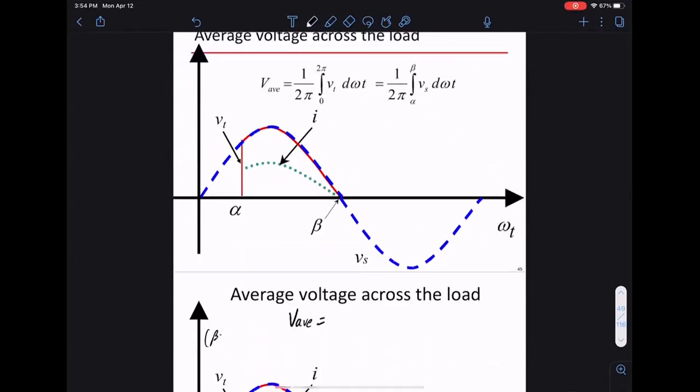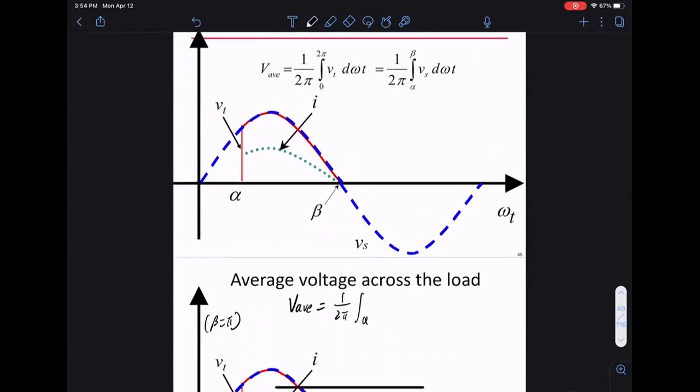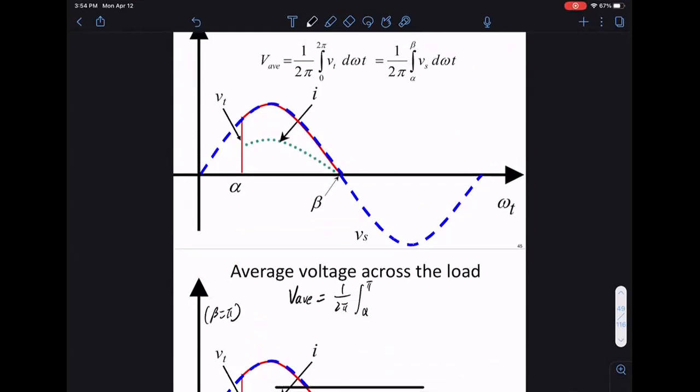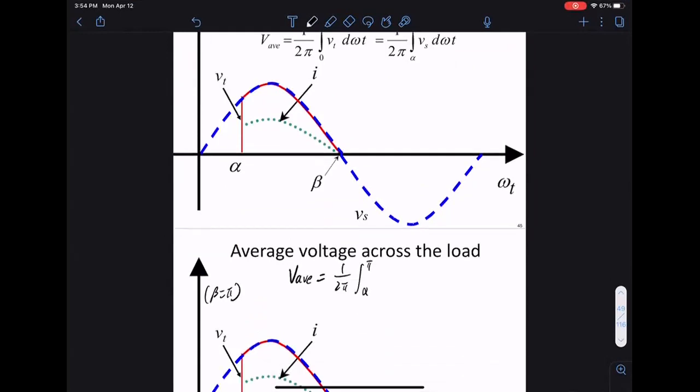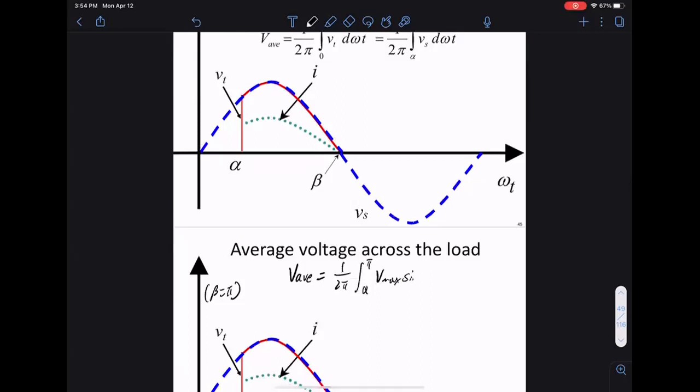Taking beta equals pi, instead of integrating from 0 to pi, we integrate from alpha to pi, V max sine omega t d omega t. This comes out to be V max over 2 pi times (1 plus cosine alpha). So depending on the angle alpha, we get this average voltage.